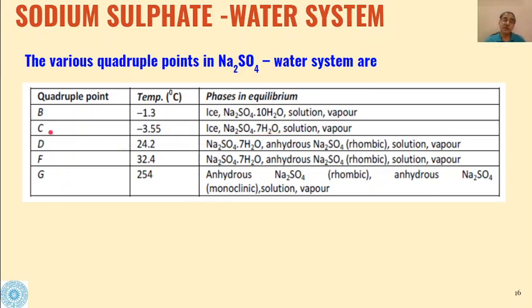At quadruple point C, the temperature is minus 3.55 degrees centigrade, and phases in equilibrium are ice, sodium sulfate heptahydrate, solution, and vapor.